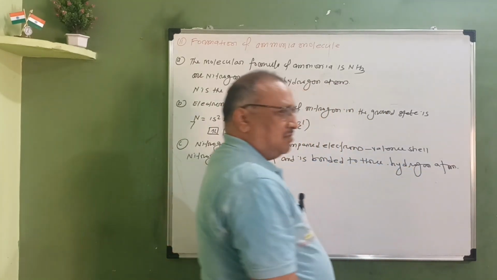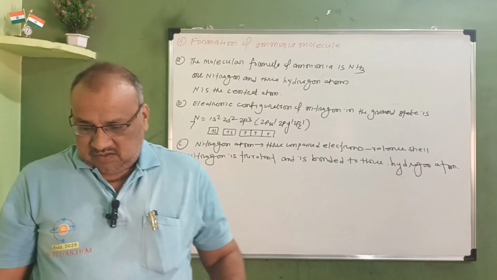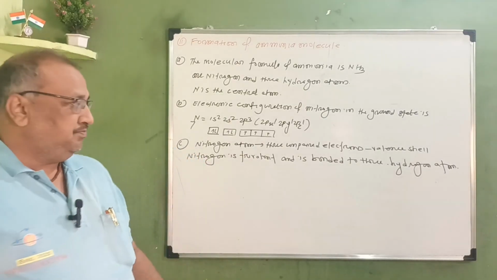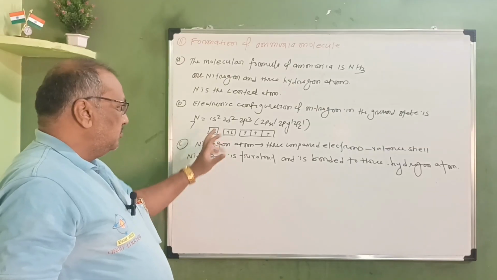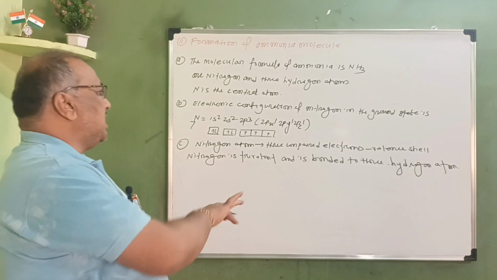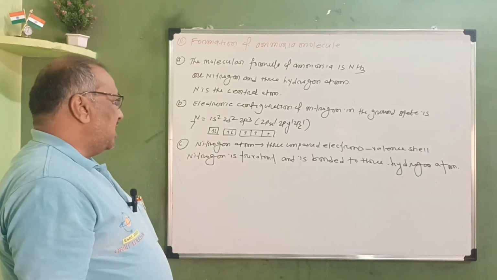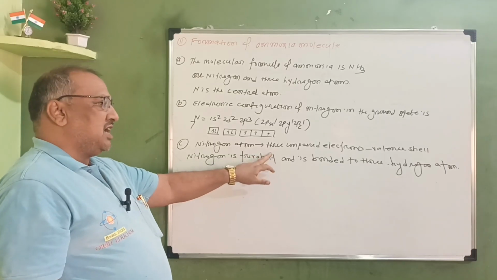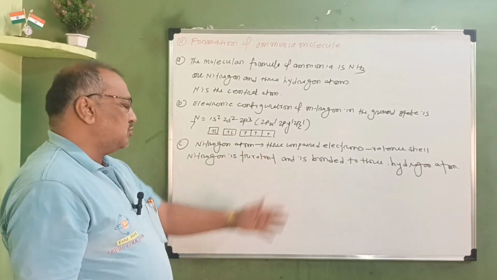That means here number of unpaired electrons is equal to valency. That means number of unpaired electrons are 3 and nitrogen is also trivalent.